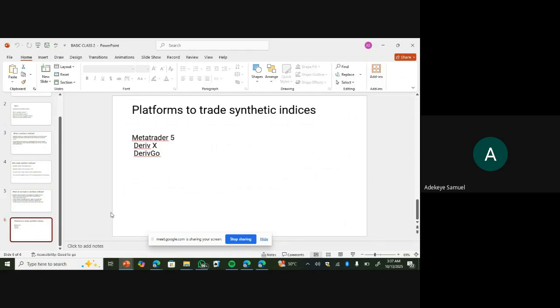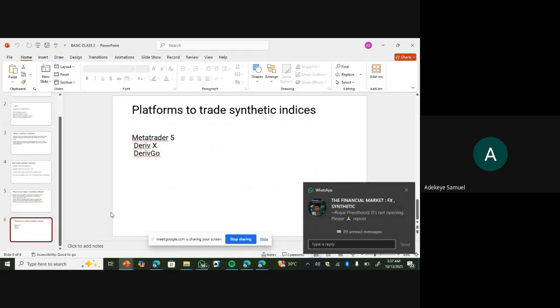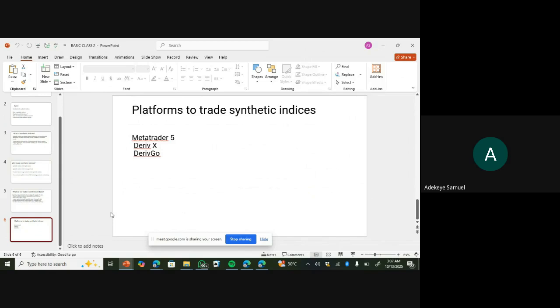It's not like currency pairs where we have different brokers. Synthetic indices is not like that. The only broker where you can trade synthetic indices is Deriv, on Deriv and your MT5. So that is the platform to trade synthetic indices on.